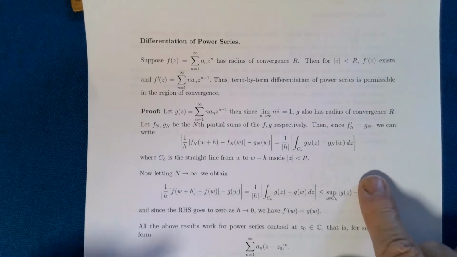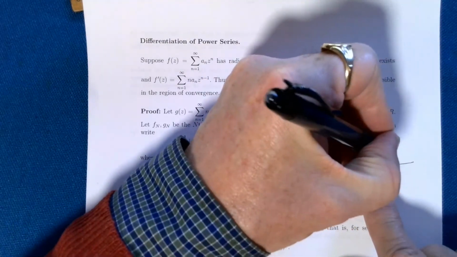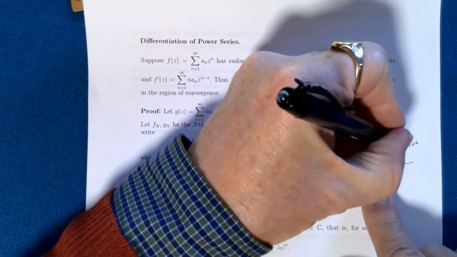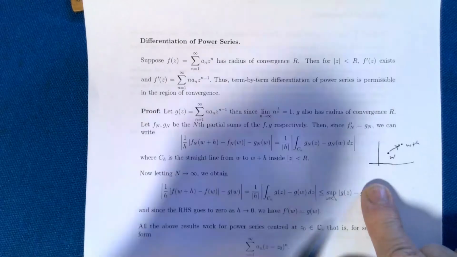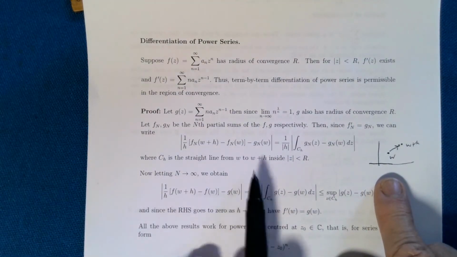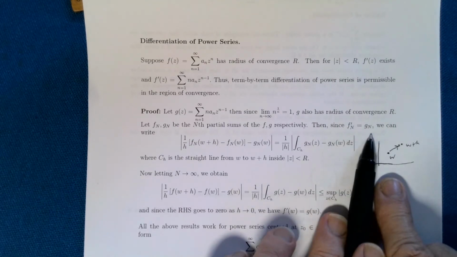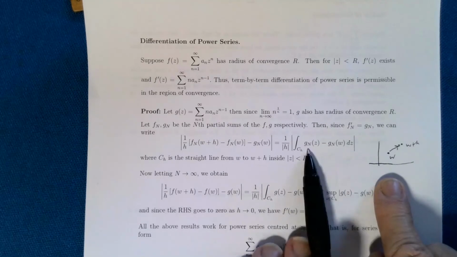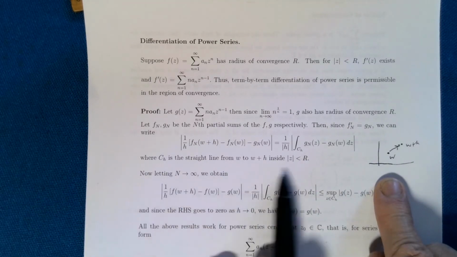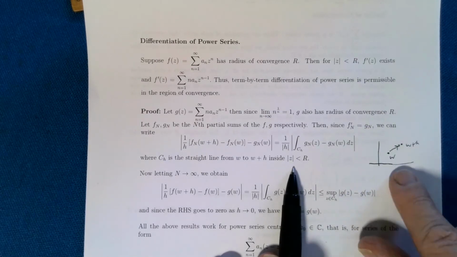So in the complex plane, we've got some complex number w here, and we've got w plus h, and there is our contour connecting the two. And because this f dashed is g, we can now write this in this form, where this is the straight line, and this is all going on inside the disk of radius r.